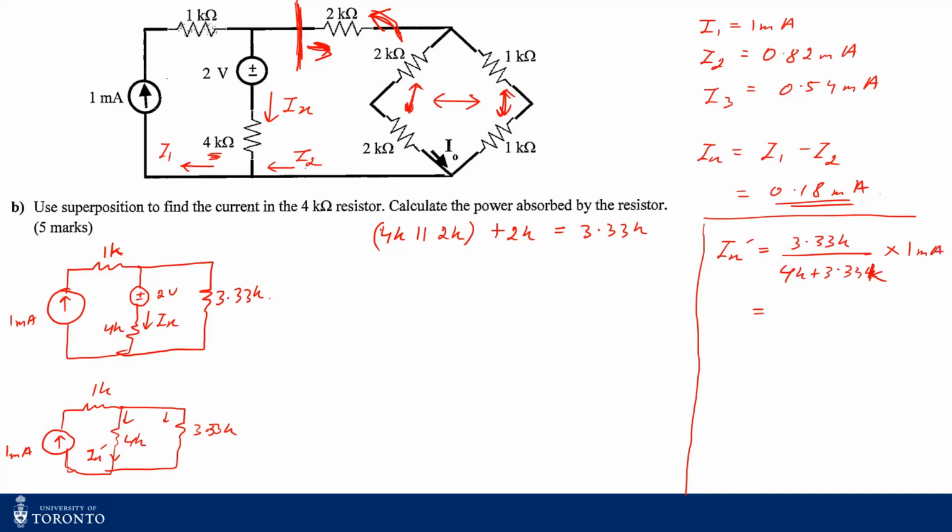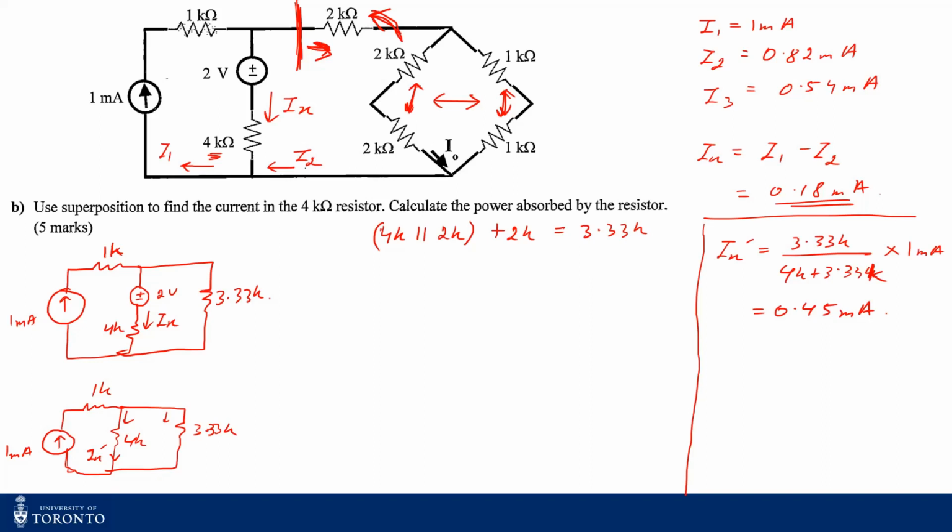So my Ix prime is going to be equal to 0.45 milliamperes, right?